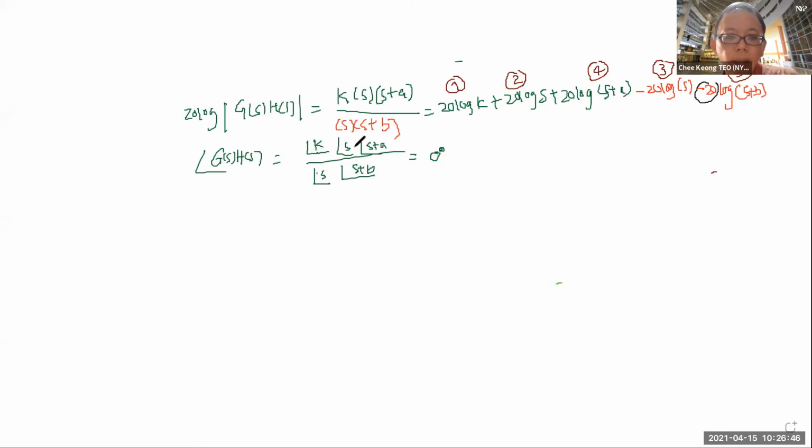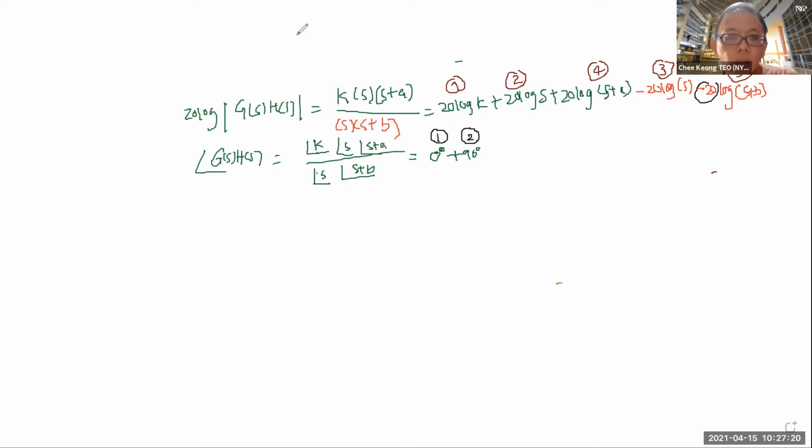Now the phase of S, the second form and the third form, whether S is in the numerator or denominator, will be plus 90 degrees. Let me write this first. Let's say this is form 1, usually 0. Form 2 is positive 90.